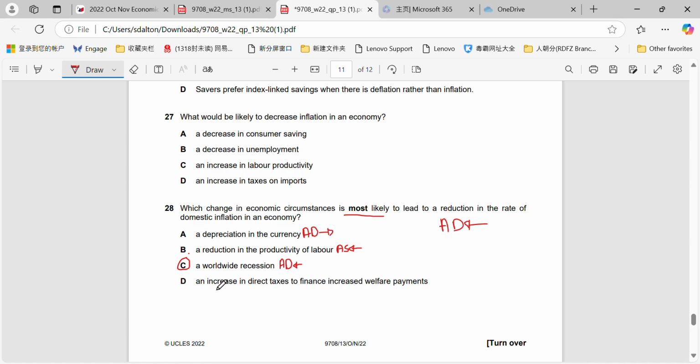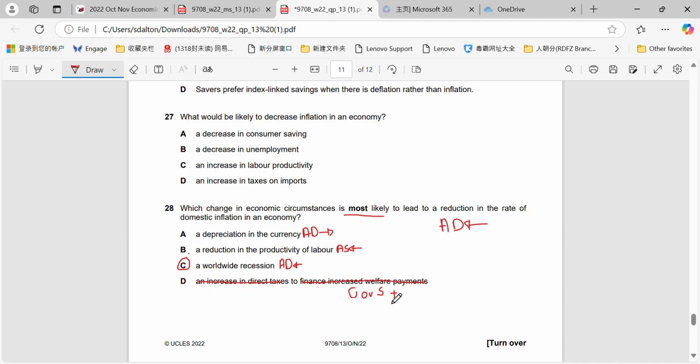And if we increase indirect taxes to finance increased welfare payments, an increase in direct taxes would allow us to reduce the rate of inflation, but not if we're doing it to finance increased welfare payments. They would counteract each other. Financing welfare payments would form part of government spending, which would still be a component of AD that would increase.